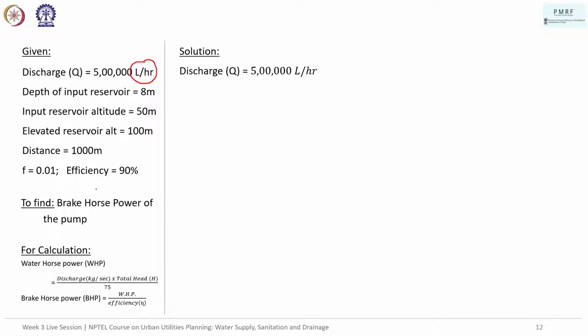So firstly, let's take the discharge value. We need to convert it from liters per hour to meter cube per second.